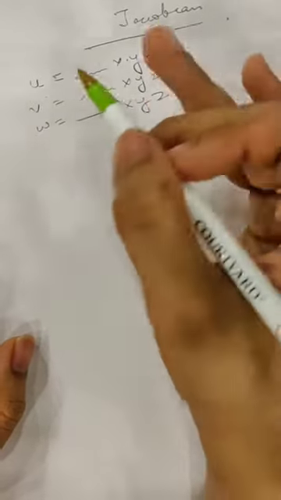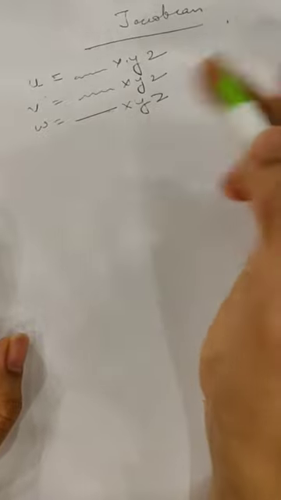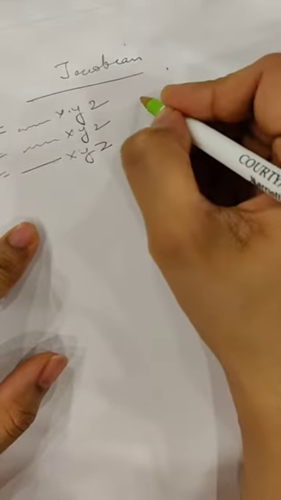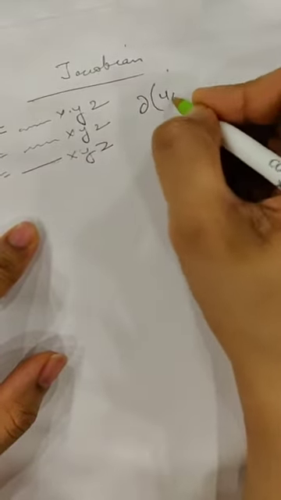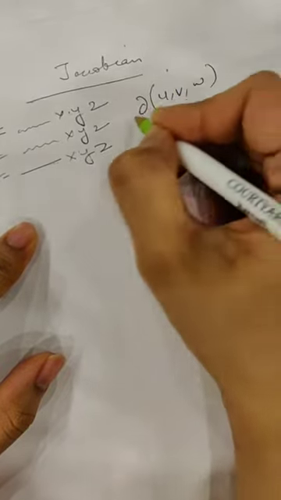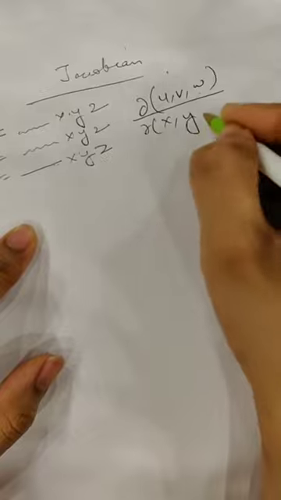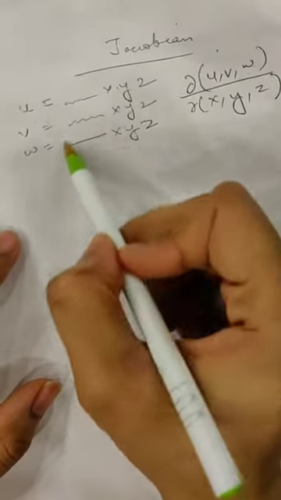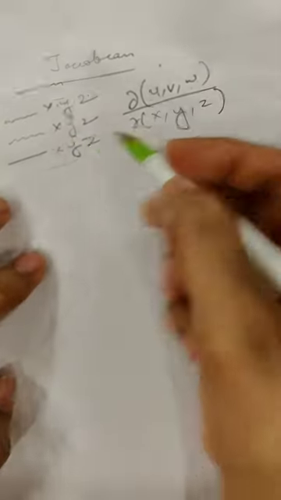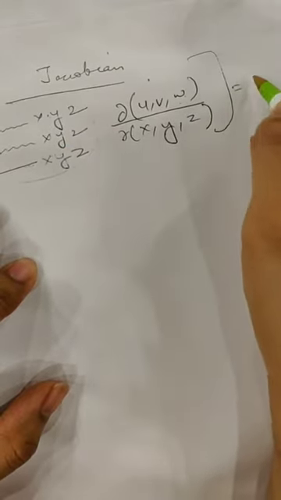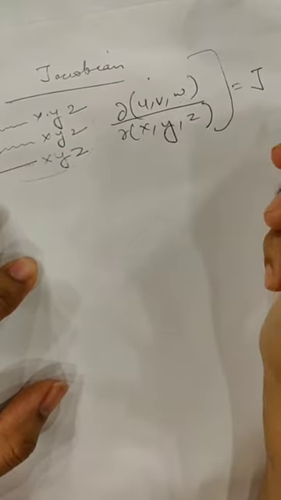We call this differentiation the Jacobian. When they say find the partial derivative of u, v and w with respect to x, y and z, wherein u, v and w are nothing but equations of x, y, z only, you call this thing J, which is the Jacobian.